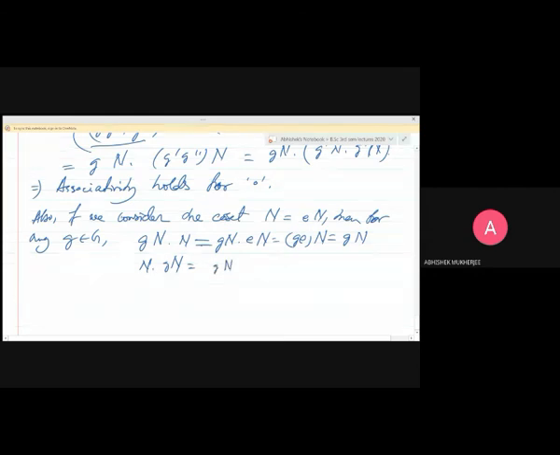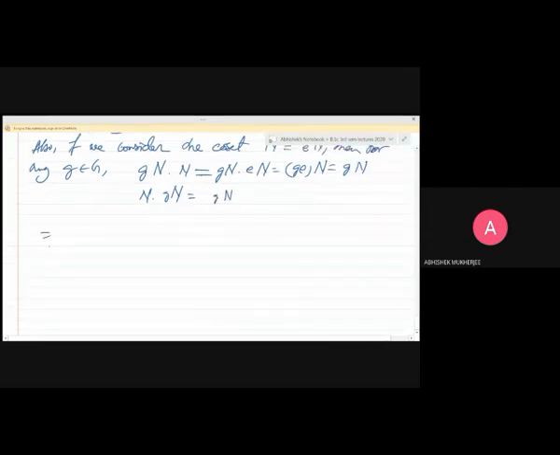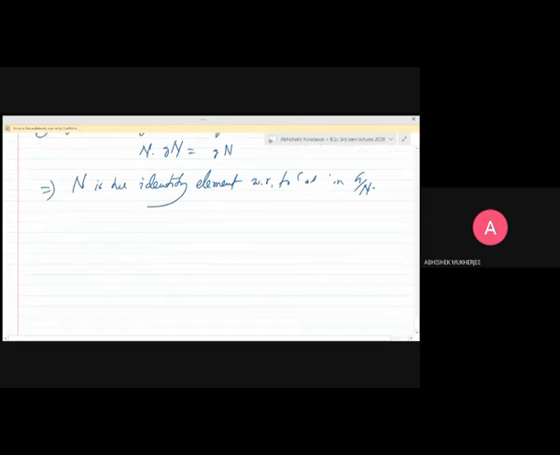So this implies N is the identity element with respect to the dot in G/N. So it satisfies the existence of identity axiom in the set G/N.